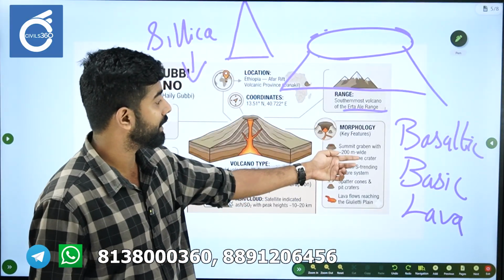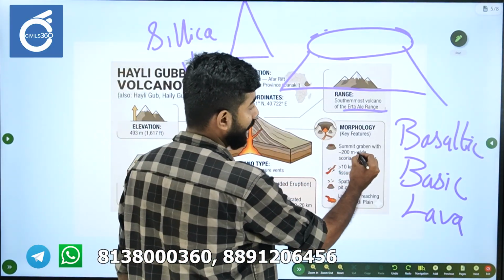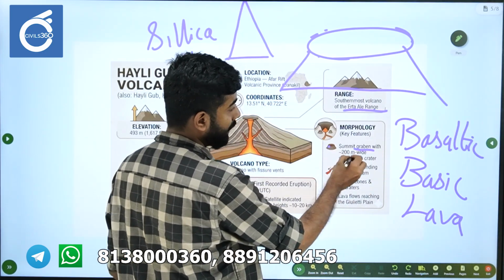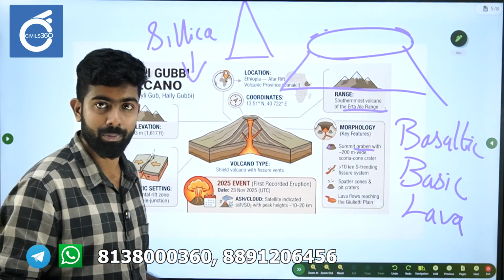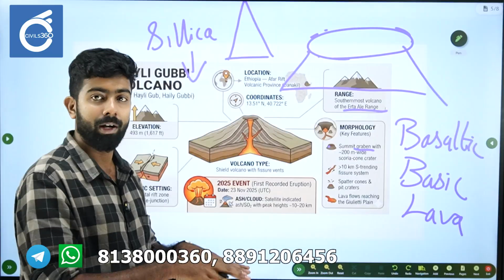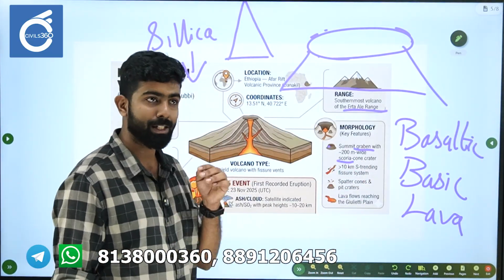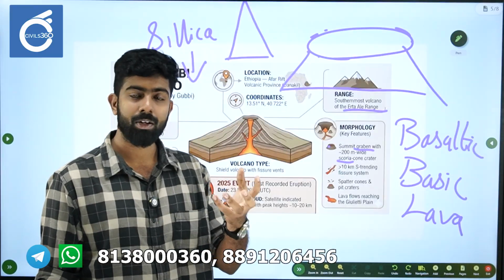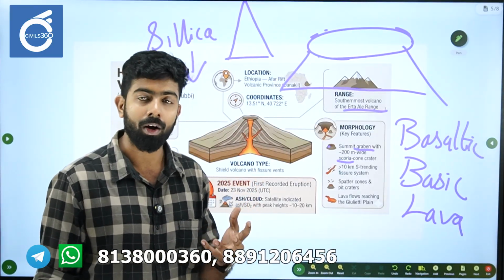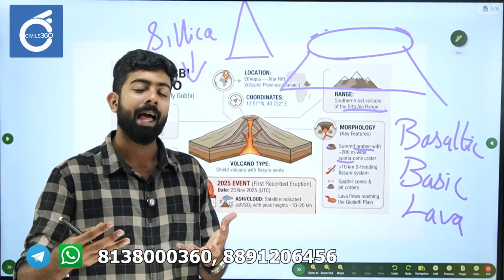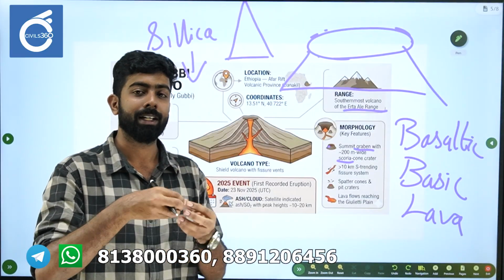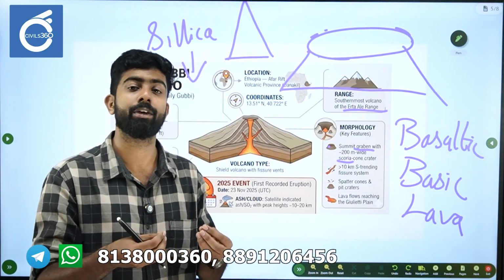Okay, so here you can see that there is a graben. I just mentioned how a graben is formed, right? When the normal fault happens, the place will sink. A scoria is a particular type of rock which is dark colored, in which the gas actually gets liquefied inside.